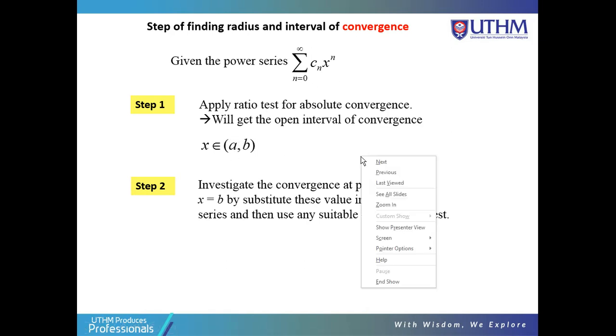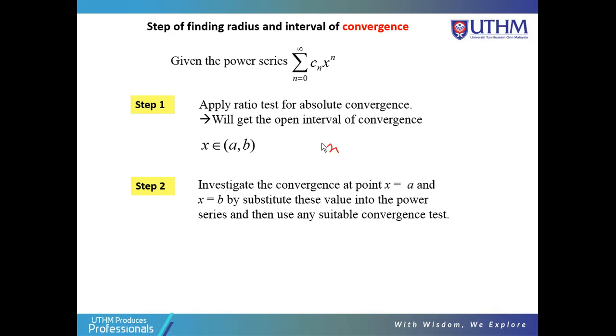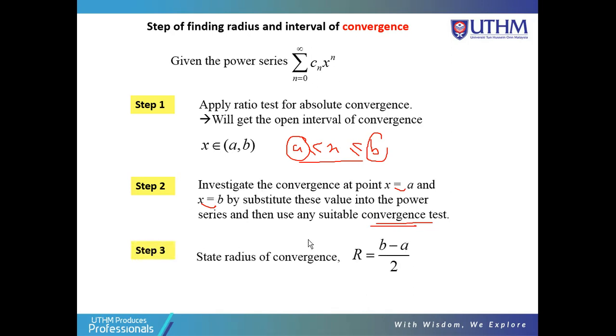So you get x starting from a and ending at b. You investigate the values at x equals a and x equals b, and then use any suitable convergence test to check them. Finally, you get the radius by using (b minus a) divided by 2.